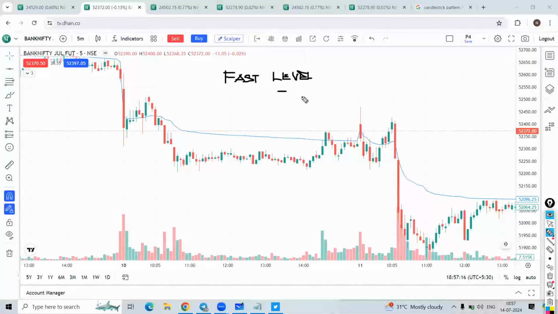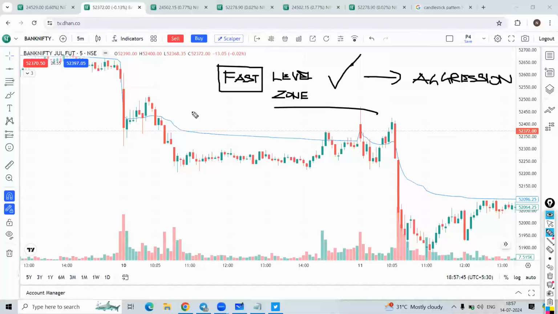No slow activity, time pass activity. Slow activity will make us sleep during the live market also. So I want only fast. Faster the activity, better the aggression. Better the aggression, next time when price comes to the same area, same location, price can make a better movement.